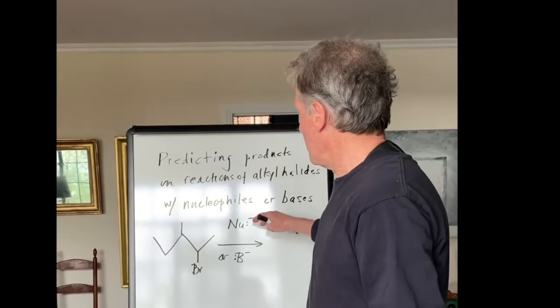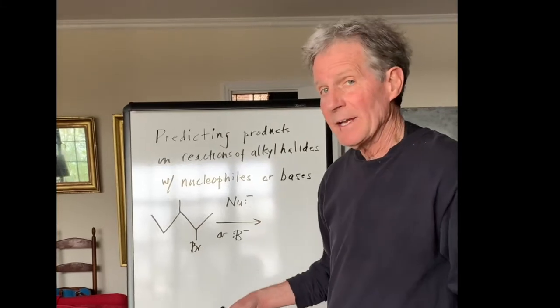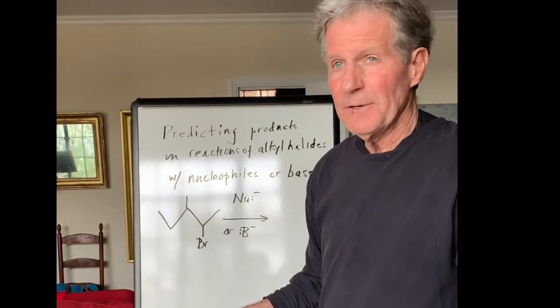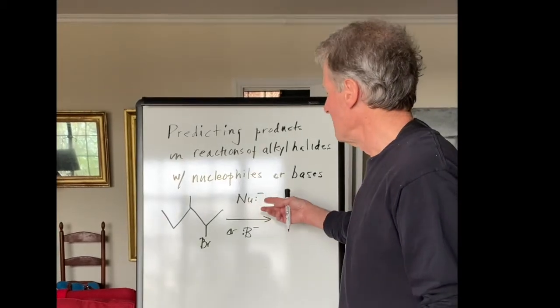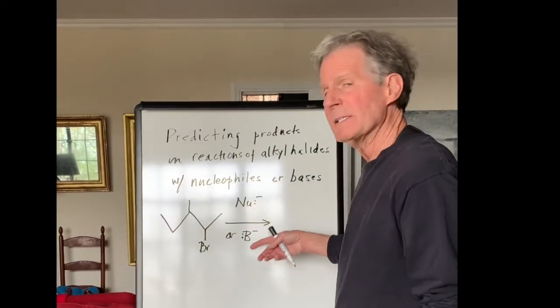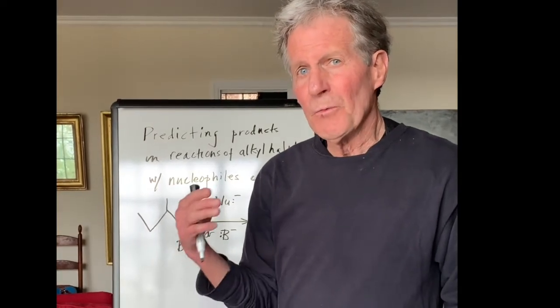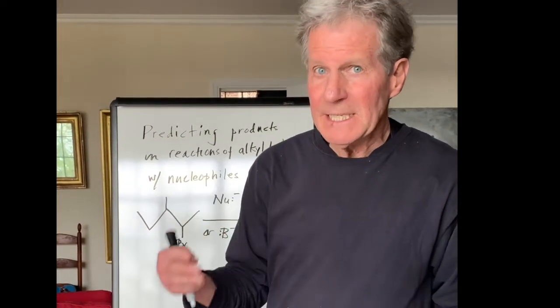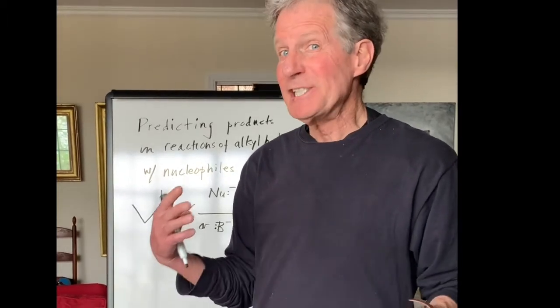So again, I wrote these nucleophile anion or base anion as if they're different. They're not. Often the same chemical species might act as a nucleophile or might act as a base. And the reality is kind of simple. Often the role that a potential nucleophile or potential base plays depends upon its shape.